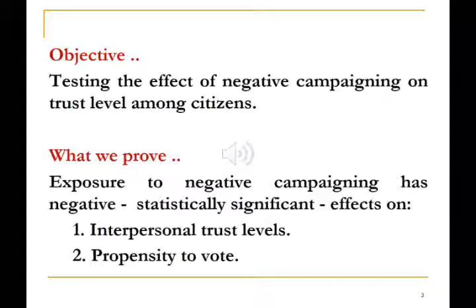Also, because we manipulated a context of elections, they were less likely to vote, so they had a lower propensity to vote than those who were not exposed to a context of negative campaigning in a hypothetical election. So you know the results now. I'll show you basically how we design an experiment to test this hypothesis and eventually get this result.